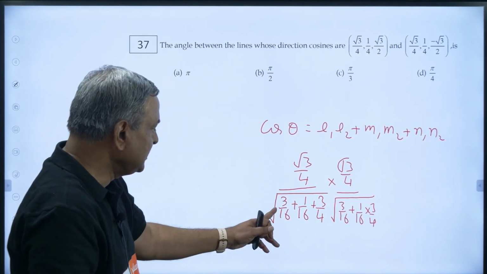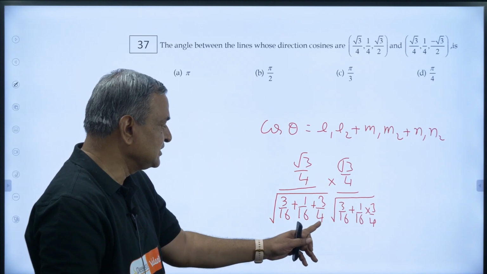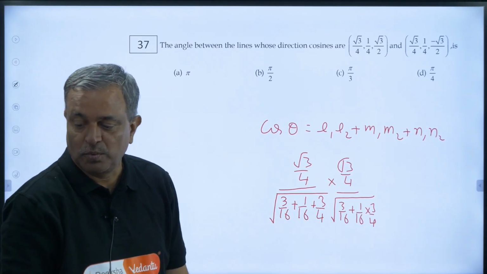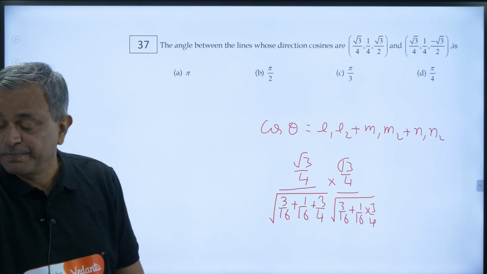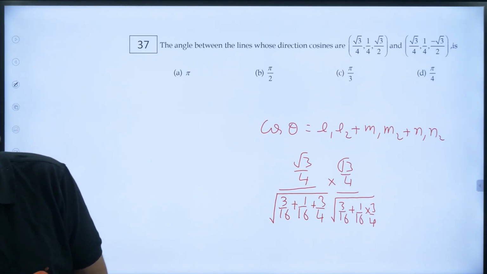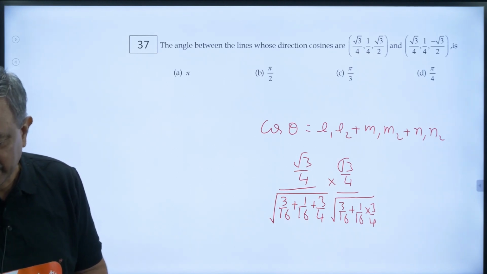So 4 plus 12 is 16, 16 by 16 will give you 1. This is also 1. So straight away you get root 3 by 4. Let me check. Values are given correct. Yes, 3 by 4 values are given correct only.